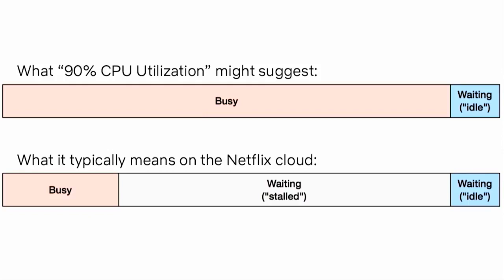What it typically means on the Netflix cloud is most of the time is spent stalled on stall cycles. And the reason is that CPU clock speed has become very fast. They've added more cores and hyperthreads, but the memory subsystem has not been scaling as fast. And so now we're just blocked waiting on memory. And when the instructions are blocked, they call it stall cycles, where the CPU is not making forward progress.